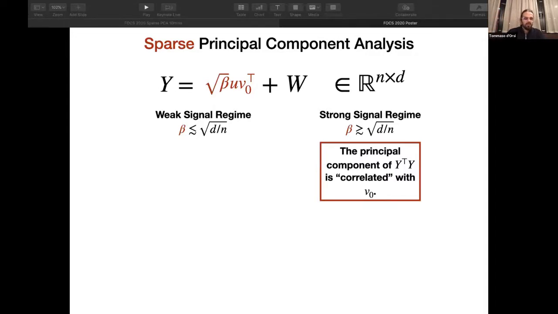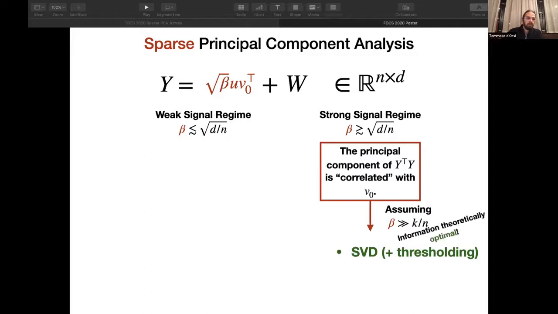I wrote correlated in quotes because the principal component may not be correlated, but after some simple thresholding, you get a vector that is correlated. So some simple spectral algorithm, like a singular value decomposition, works. And the guarantees that we get in this case are essentially the same as the brute force algorithm.